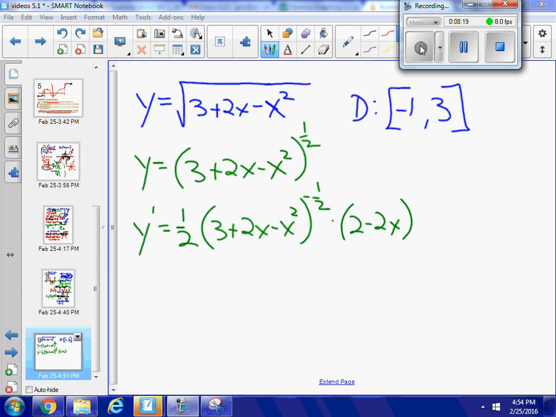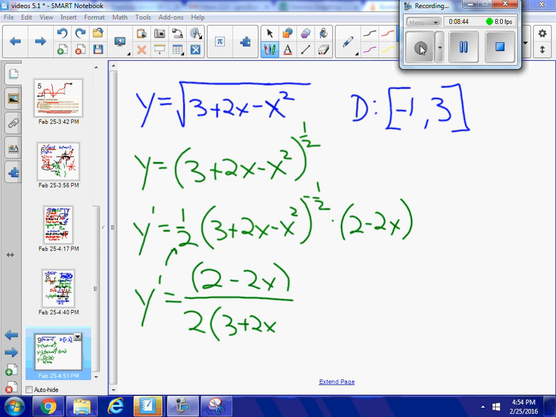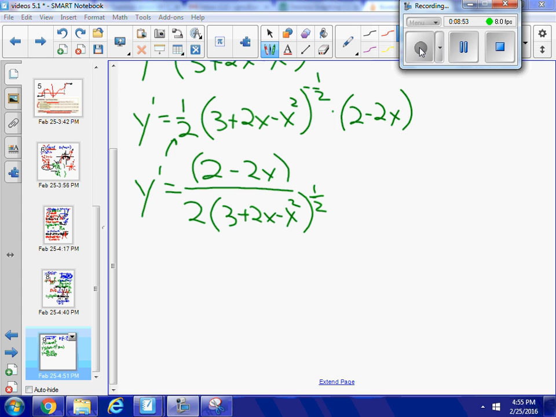So I'm going to simplify this now. Y prime is equal to, well, I have a negative exponent. So I'm going to say y prime is equal to 2 minus 2x, that's going to be on my top, divided by 2, that comes from this 1/2 here, times 3 plus 2x minus x squared to the 1/2 power. I'm going to simplify it just a little bit more.